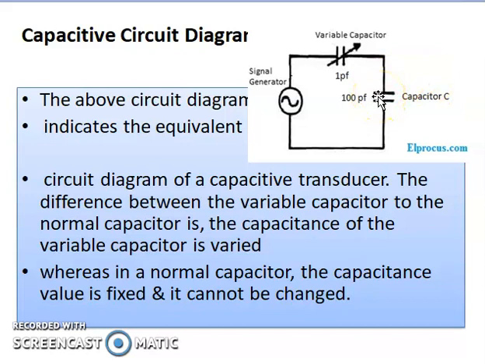Here the plates are fixed, but in the case of a variable capacitor either the plates are movable or the dielectric medium is changed, or the area of the plate can change. In the case of a normal capacitor, the capacitance value is fixed and it cannot be changed.